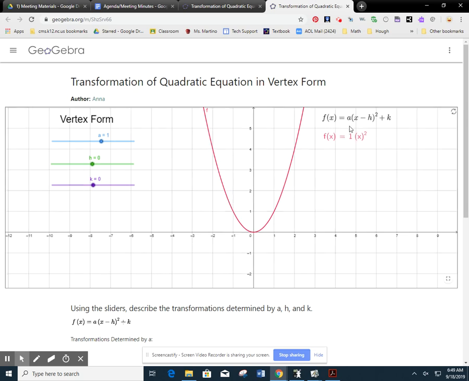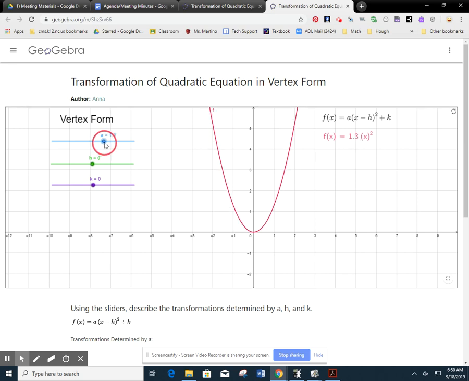Over here on the right side, you see that we're graphing the function f of x equals a times x minus h squared plus k. And the parent function is shown right now, f of x equals 1 times x squared. So we wouldn't write the 1 necessarily. But if we change the value of a, and we make a bigger than 1, that's going to be that vertical stretch where you're pulling up on the ends of the parabola.